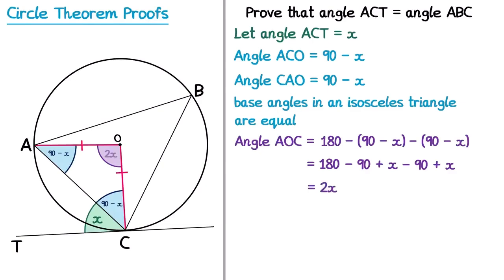So we can mark this onto the diagram and give a reason. The angles in a triangle add up to 180 degrees.